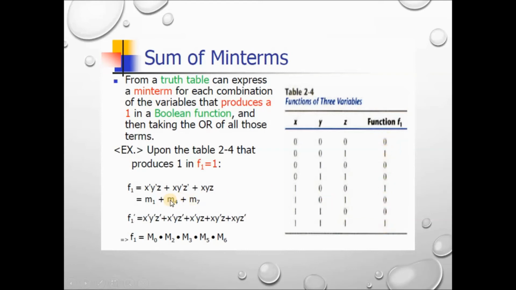So this is a printing mistake, and M3 will come here. Like this, you have to write the sum of min terms. So this is XYZ plus X bar, Y bar, Z plus X, Y bar, Z bar. These inputs you are summing, that is why the plus is there.